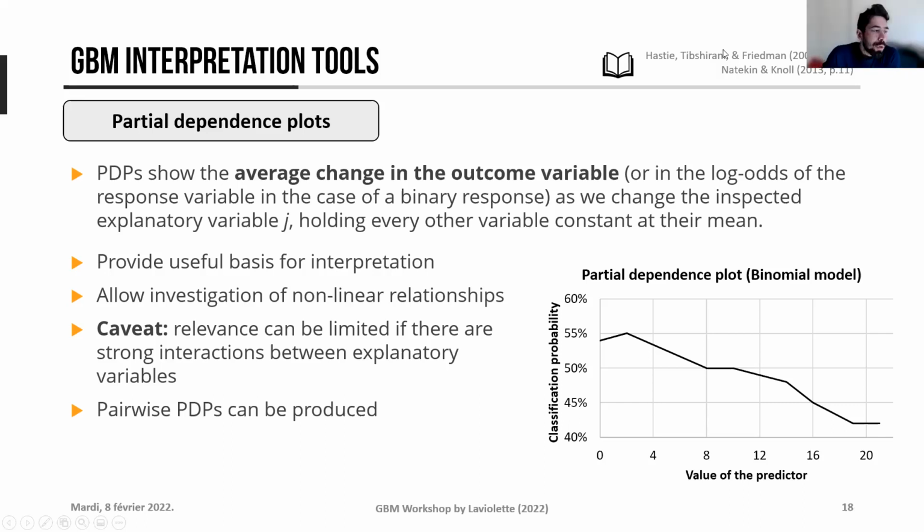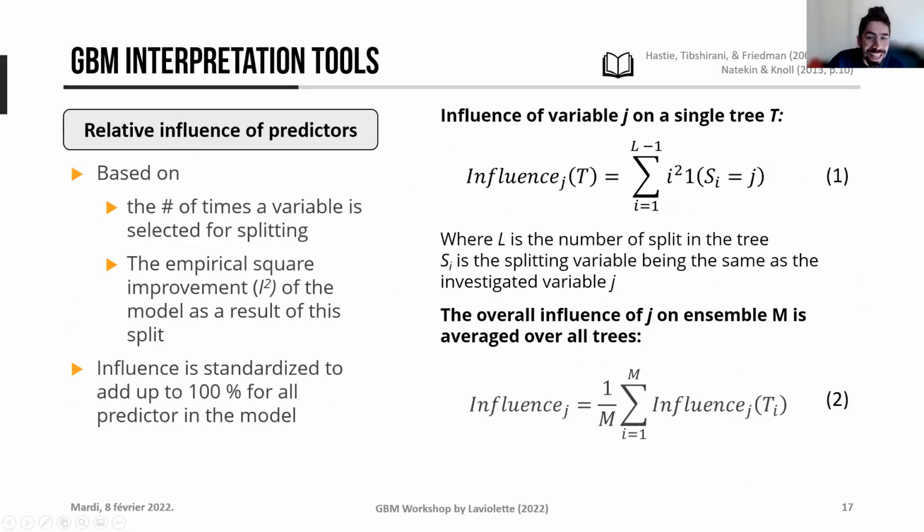Yeah, it's a good question. One of the things that is put forward as why GBM is good is that apparently it is immune to multicollinearity between explanatory variables. It is in a purely predictive manner. It means that it does not matter. Let's say you have many variables that are correlated to each other.